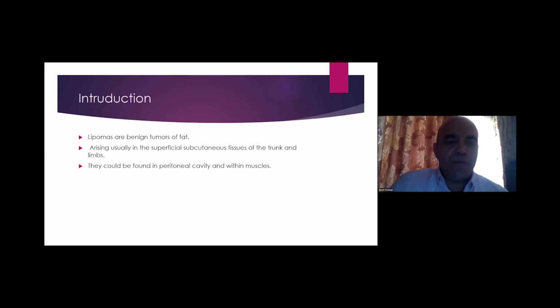Lipomas are benign tumors of adipose tissue. They arise from the superficial subcutaneous tissues of the trunk and limbs. Although they are in the superficial subcutaneous tissues, they could be found in the peritoneal cavity and within muscles.